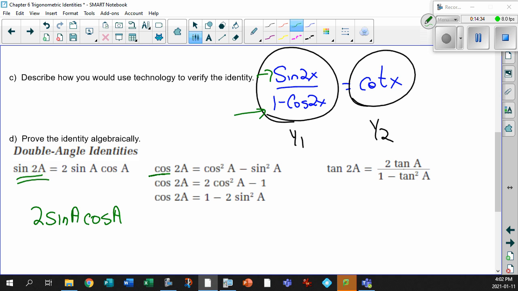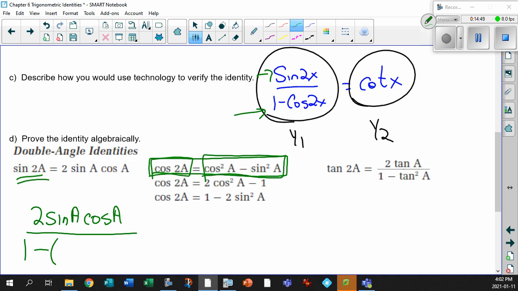Well, like I said before, use this one, that's the easiest one. That's what cos 2x is, so just put it in. Here we go. This is going to be 1 minus, in brackets, cos squared A minus sine squared A. Look at that. Isn't that pretty?